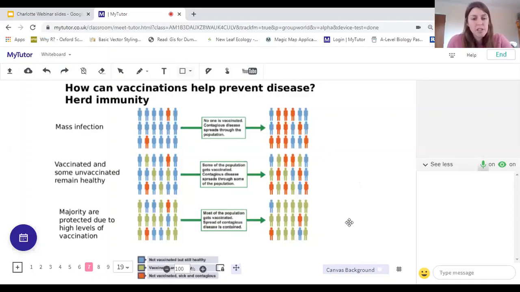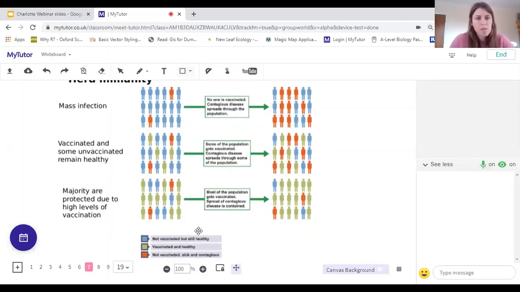So we've got three scenarios here. We've got blue people who are not vaccinated, but they're still healthy. We've got people who are vaccinated and healthy, they're the green ones. And then we've got orange people who are not vaccinated, they're sick and they're contagious.